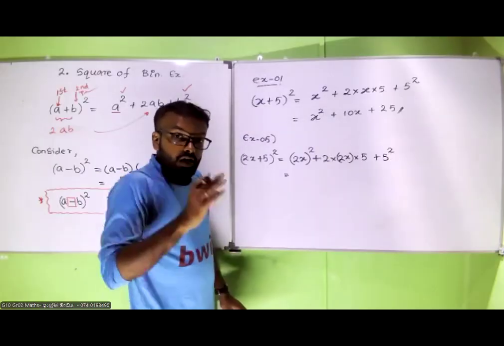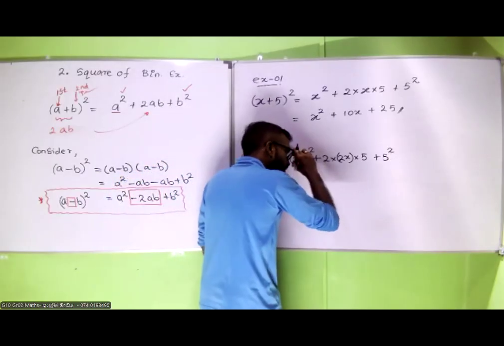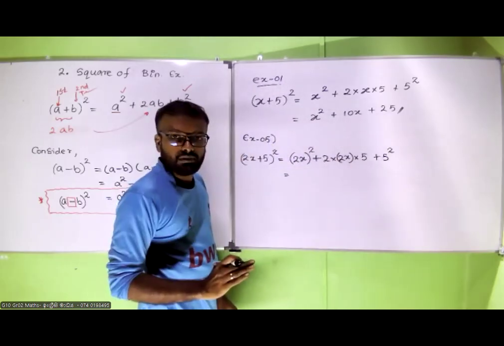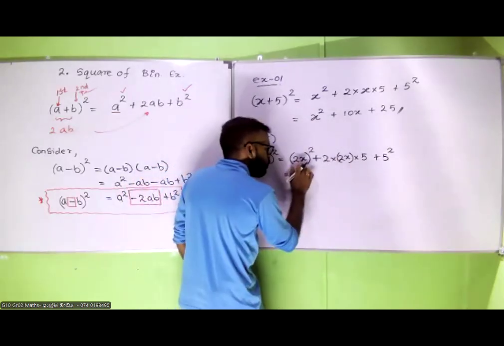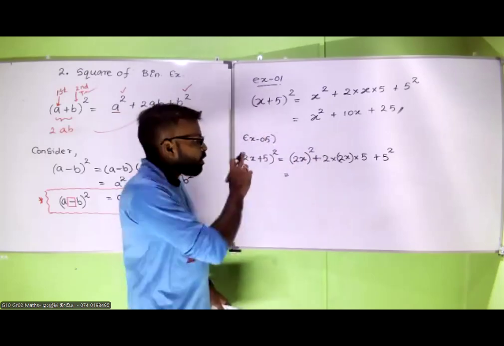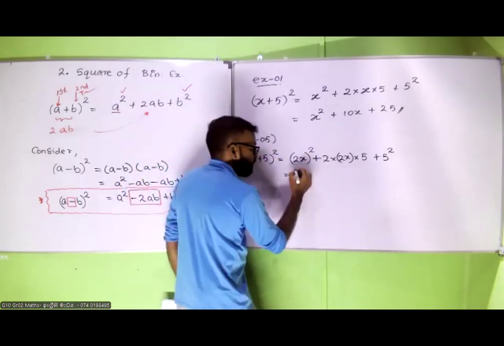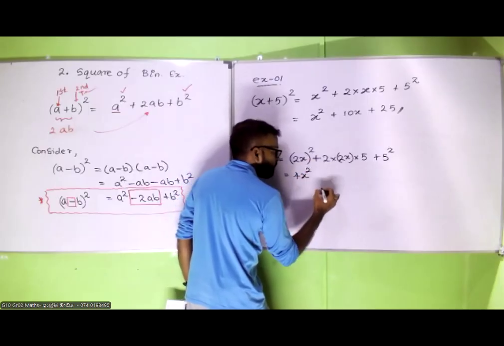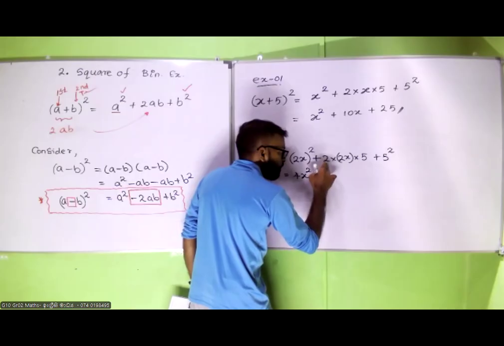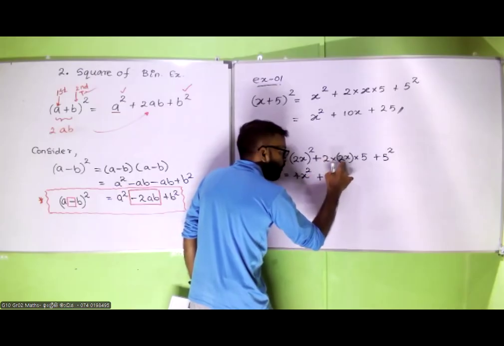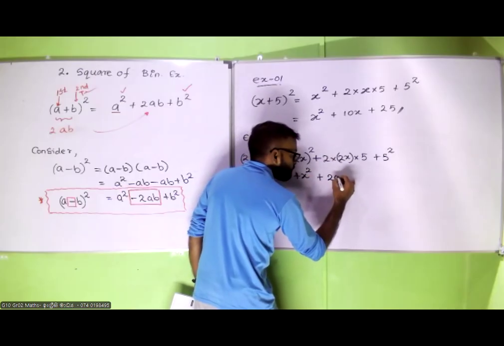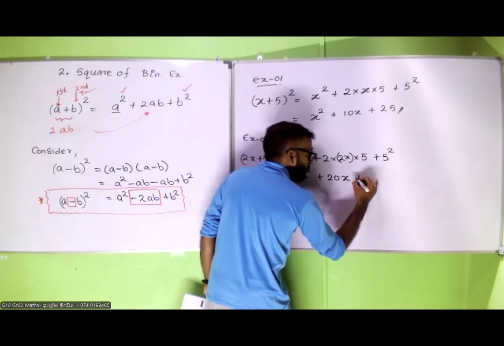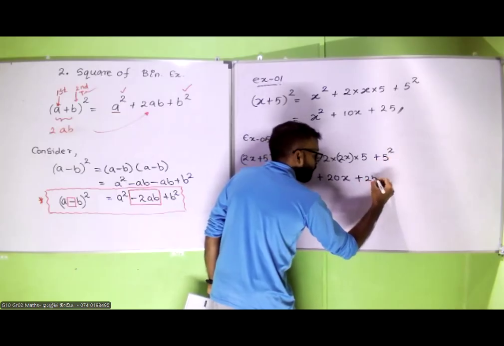Otherwise, write this and do the question. 2x to the power 2 is 4x square, plus 2 times 2, 4, 4 times 5, 20x. Don't forget the middle term. Plus 5 to the power 2, 25.